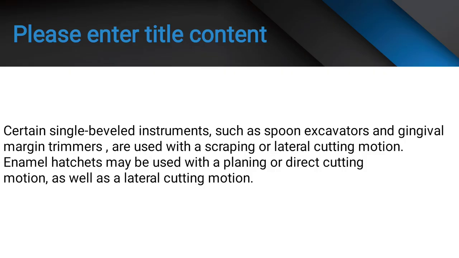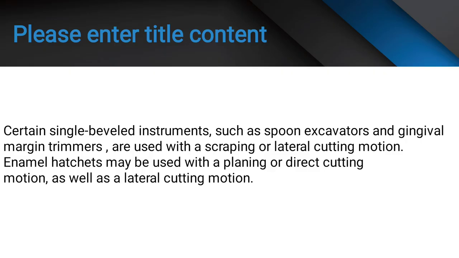The mesial bevel is determined when we look at the inside angle, that is the junction of the blade and the shank: if the primary bevel is not visible, then it is said to be the distal bevel. When it is visible, then it is said to be the mesial bevel.